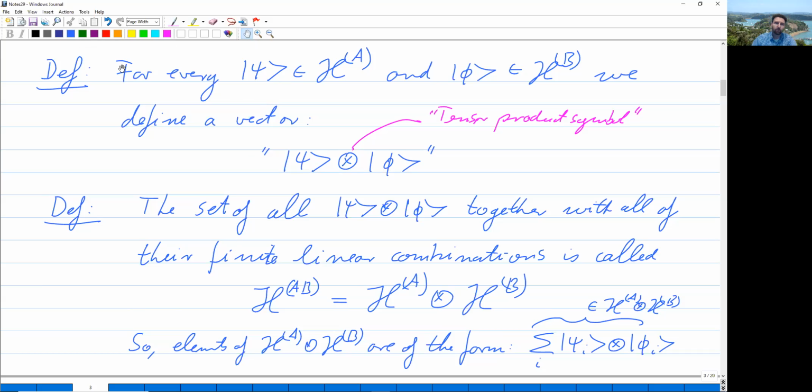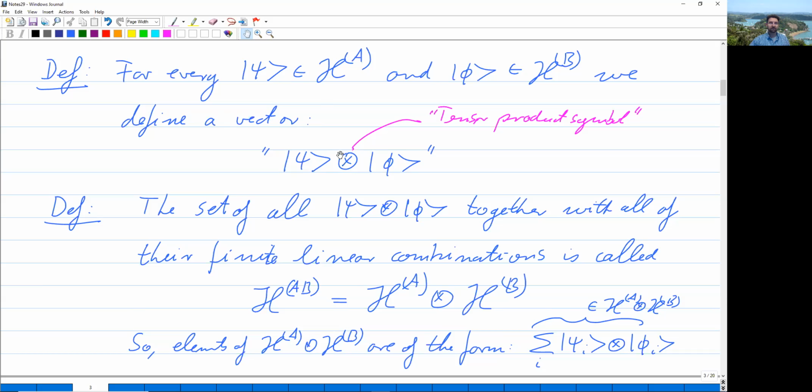And that's the reason why the definition of the space HA tensor HB is such that it contains not just the pairings, but also the linear combinations of those pairings. It's clear that every psi tensor phi must be part of the Hilbert space of the big system, right?